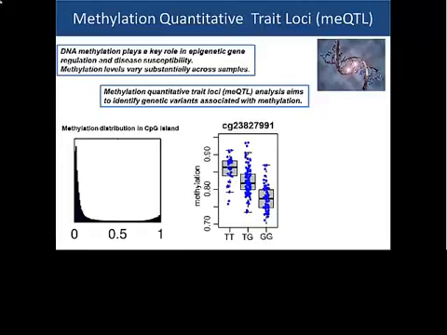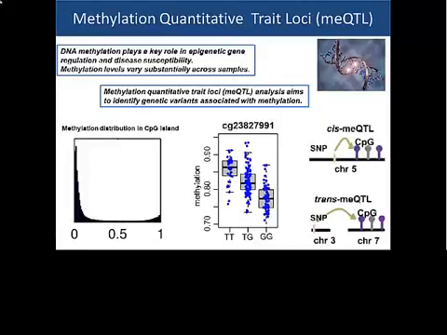So methylation quantitative trait loci analysis, or cis-meQTL analysis, aims to identify genetic variants associated with DNA methylation. Here's one such example. For this CpG probe, the methylation levels differ substantially across 3 different genotypes. So this is one example of methylation QTL.